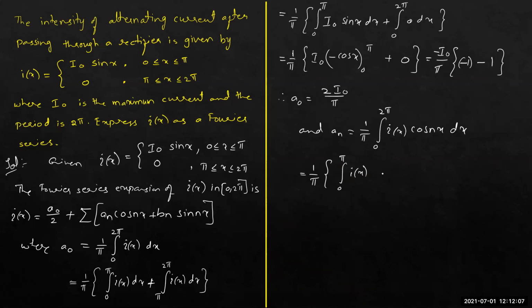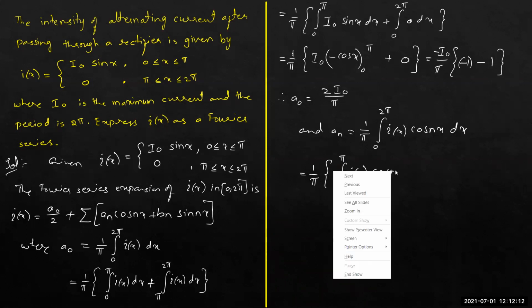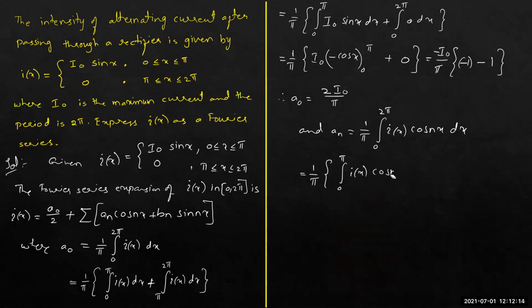Once let me write it, then we can use it. Integration from 0 to pi of I of x into cos nx dx plus integration from pi to 2 pi of I of x into cos nx dx.